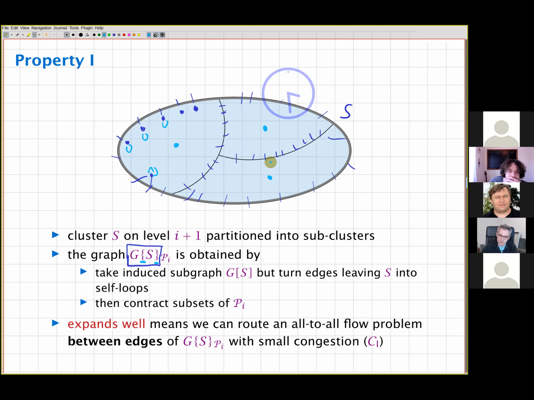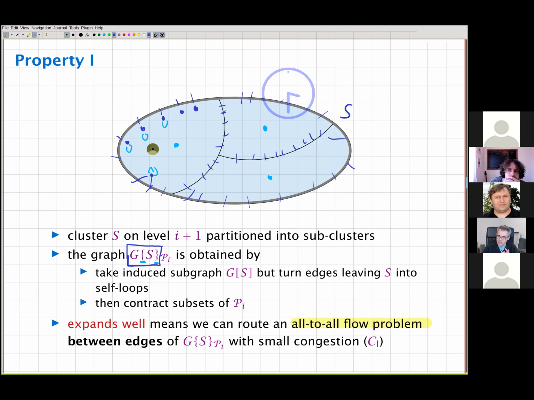Formally, what I want, suppose that I have an all-to-all flow problem, where demand is between edges. So every edge injects one unit of demand. You could view it as placing a vertex on the middle of the edge, and then this vertex injects 1 unit of demand, and it wants to distribute it evenly to the other edges, including the self-loops.